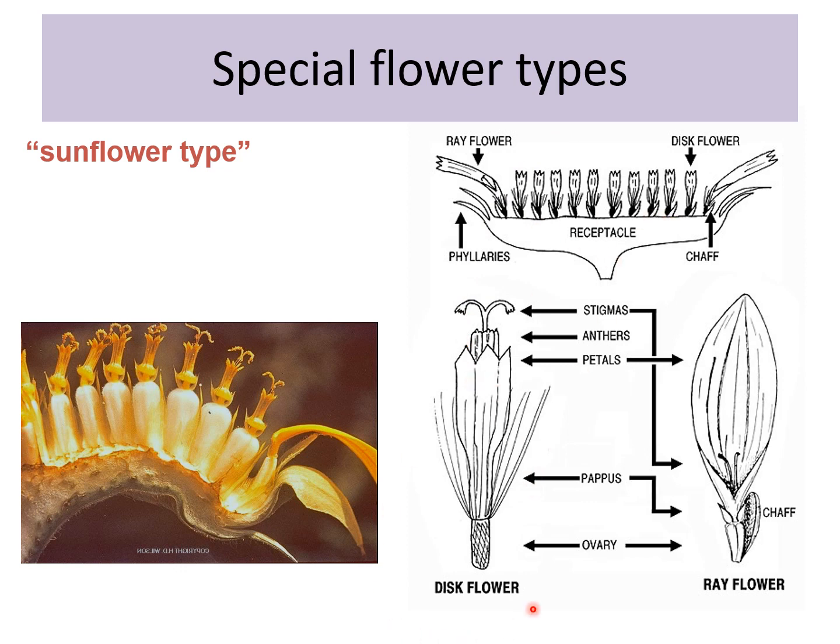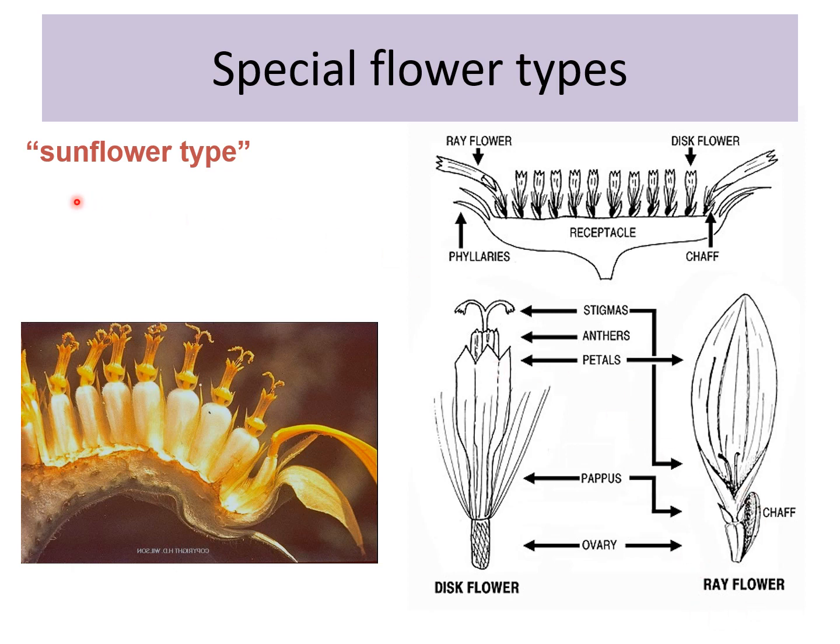The first one is the disc flower. The disc flower is the perfect flower located in the center. And the disc flowers are surrounded by the ray flowers. Ray flowers are usually imperfect and usually female flowers, but they have showy petals. The disc flowers also have petals, but they are not showy like the ray flowers.